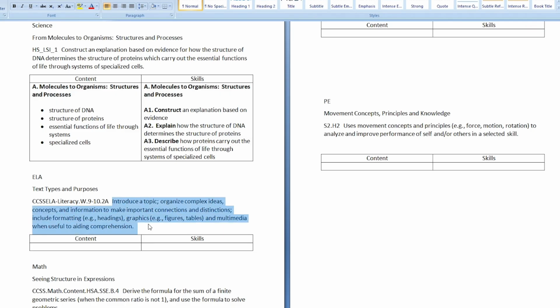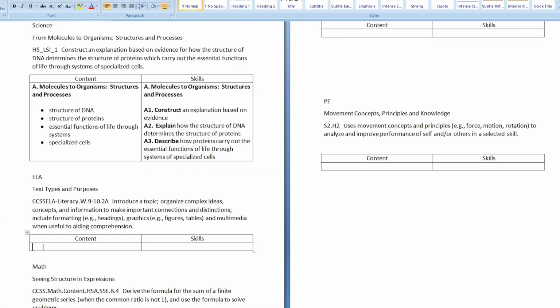What I tend to do is bold that initial verb. They have to construct an explanation, they have to explain the relationship between DNA and proteins, and they have to describe how the proteins actually impact the essential functions of life. Now that I have it at this level, I feel like I've got my 3 skills that I need to align to assessment evidence. And that is an initial rough unpack.